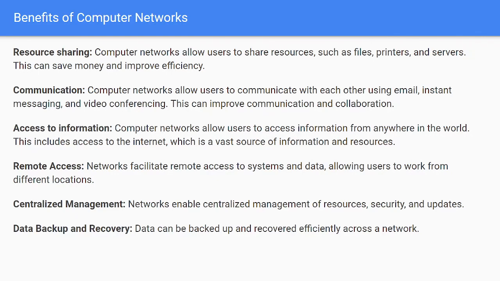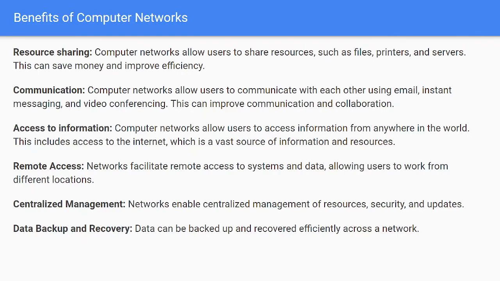Then we have servers, things like database servers and web servers. Everybody can share and make use of this resource. So resource sharing saves money and improves efficiency. Rather than buying many of these things, you can just buy one or two and everyone can share.